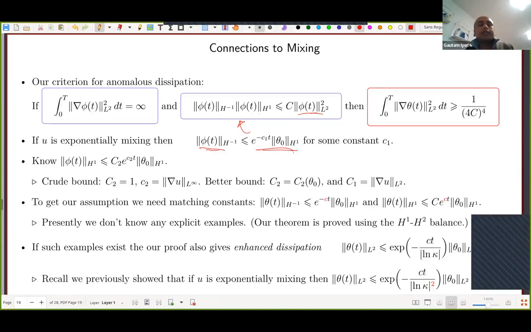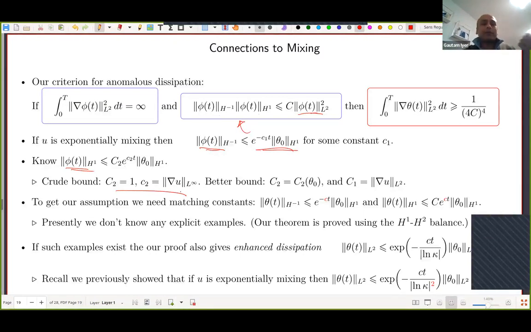I also know, since it's the inviscid transport equation, that the H plus 1 norm grows exponentially. One bound is that it can certainly grow like e raised to t times the C1 norm of u. You can do that immediately by Gronwall.